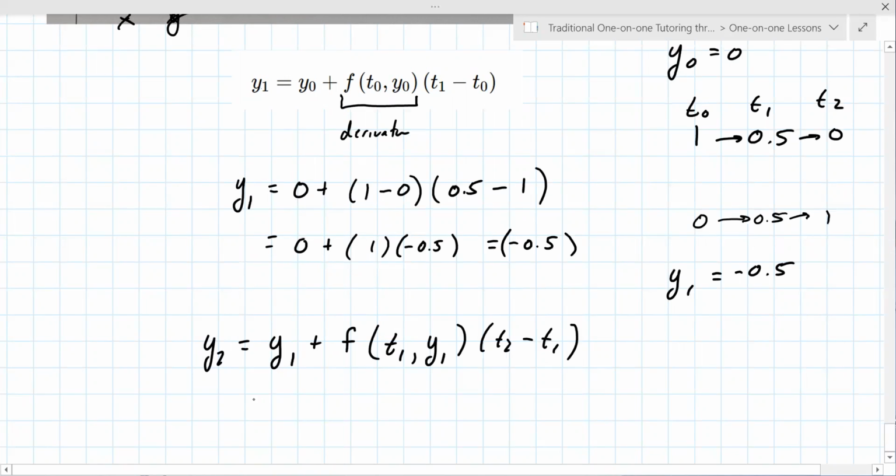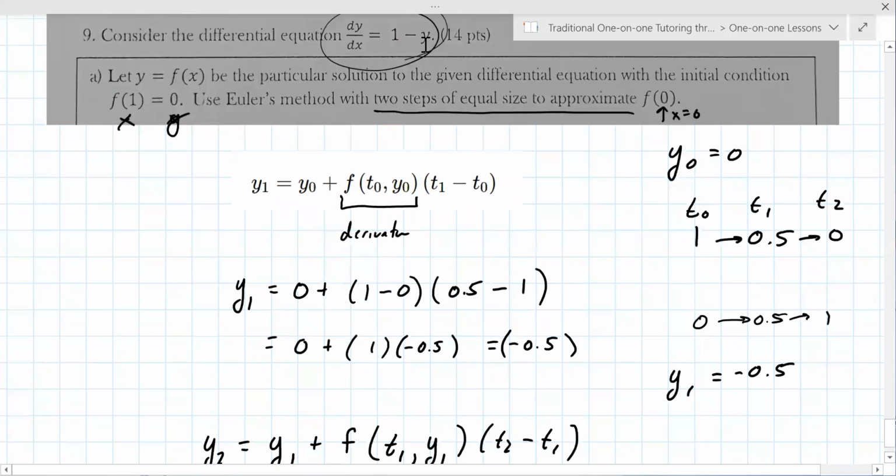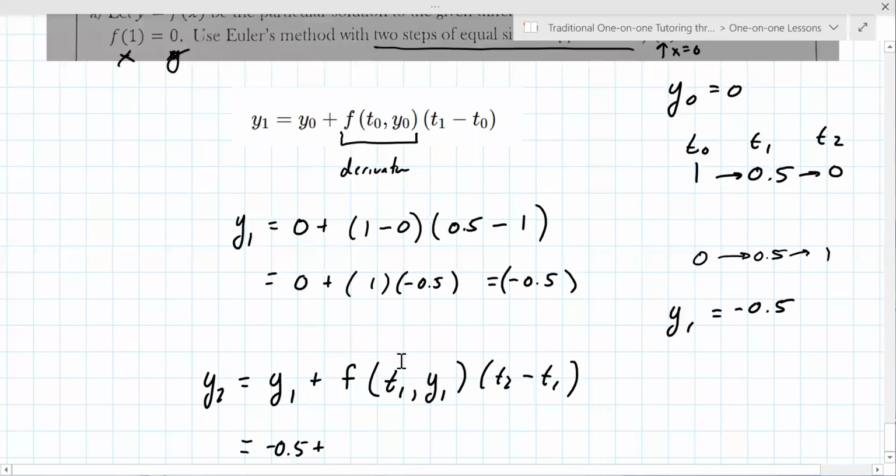So you take your previous answer, minus 0.5, plus you've got to find your slope. Your slope comes from the differential equation. The y value is the y value from here, that you just calculated. If you remember, this is really 1 minus y. So it's 1 minus your y1, minus 0.5. And then your T2 is 0 minus 0.5.